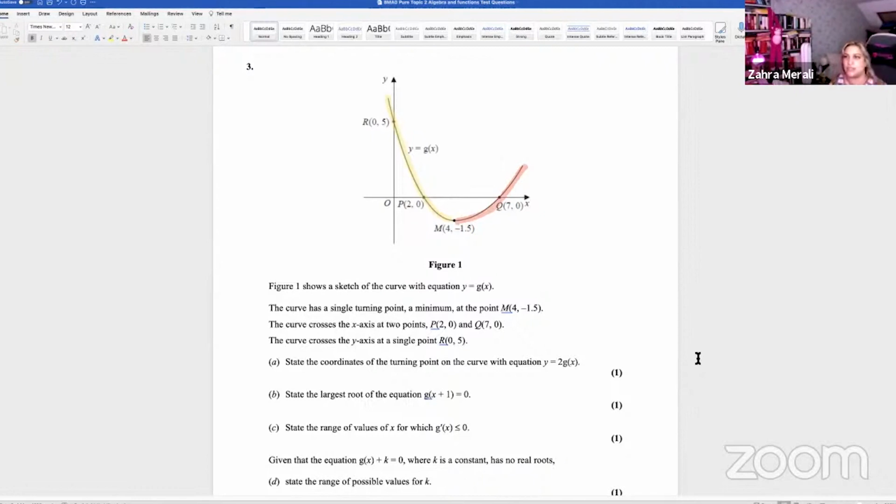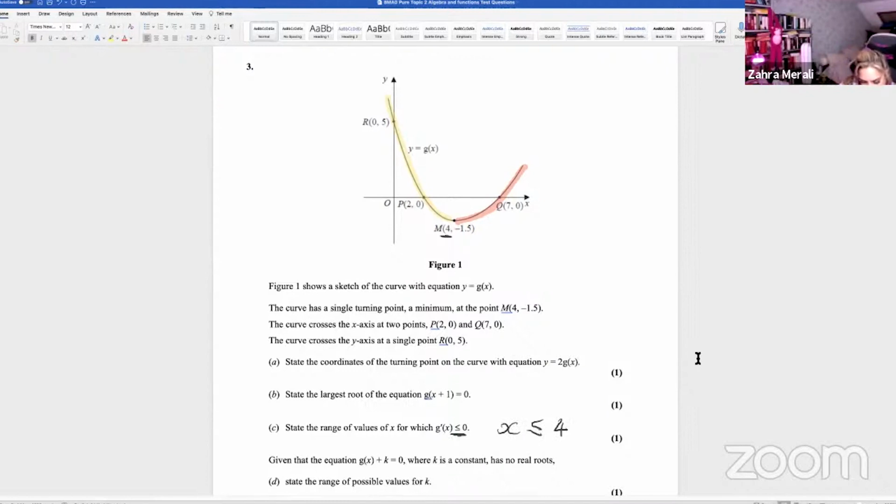If I was to draw tangents, I'd end up with a positive line. So we want the values of x for which the differential is less than or equal to 0. So if we have a look, that's the yellow bit. So all we're going to do is say the range of values for x, and it's equaling that as well. So we can include the 4, x is less than or equal to 4.